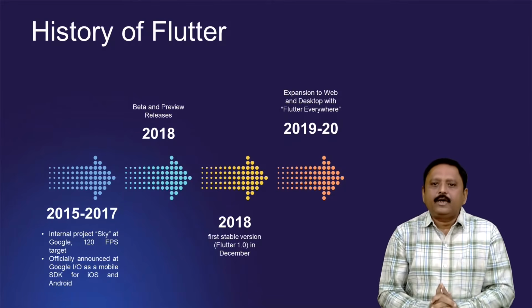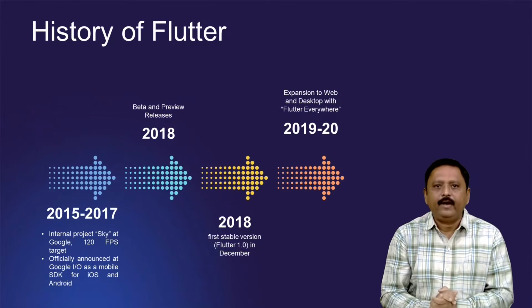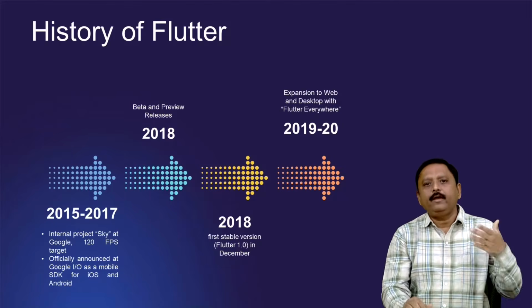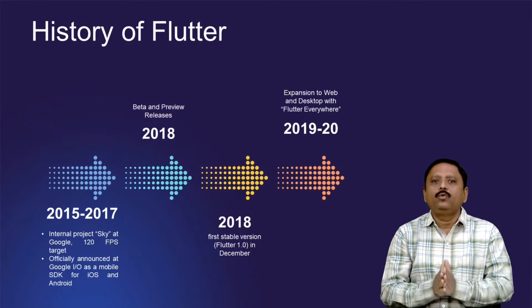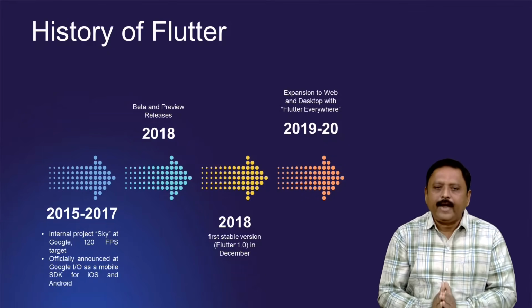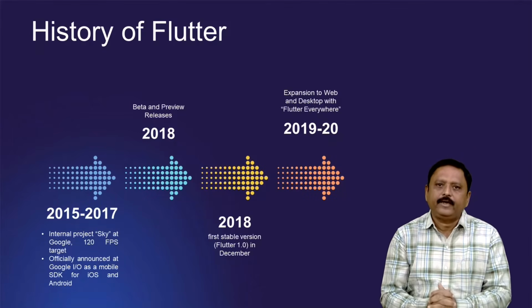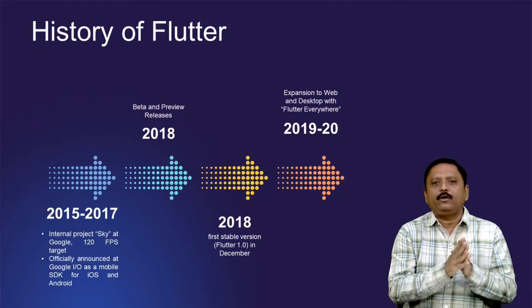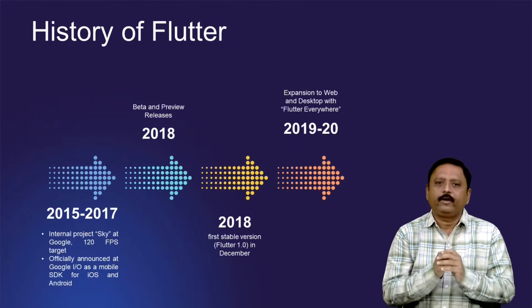In the years 2019 and 2020, it was expanded to web and desktop. In May 2019, at Google I/O 2019, Google introduced Flutter for Web, a technical preview that extends Flutter's capabilities to web applications. This was part of a broader strategy to make Flutter a truly cross-platform framework.